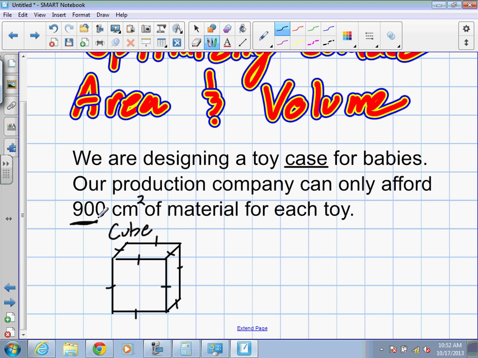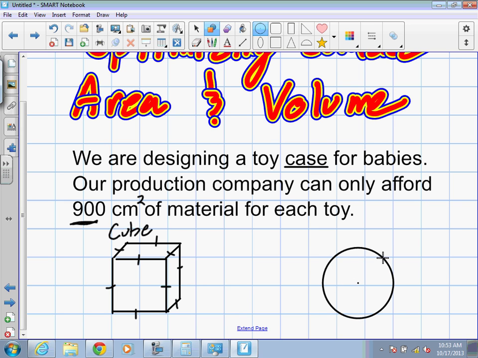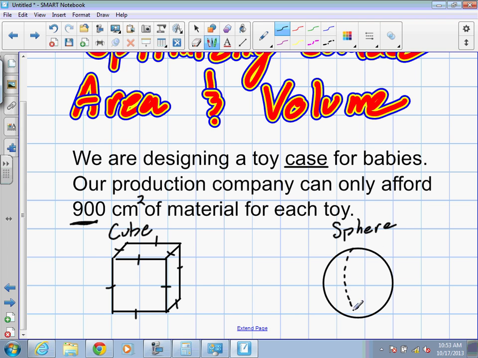Now, we did learn there was a more efficient shape than four-sided shapes. What was the most efficient shape? A circle. We knew a circle was the most efficient shape. If we were to take this idea into three dimensions, what would we be talking about? That's right, a sphere would actually be best, and I'm going to try my best here to draw a sphere.